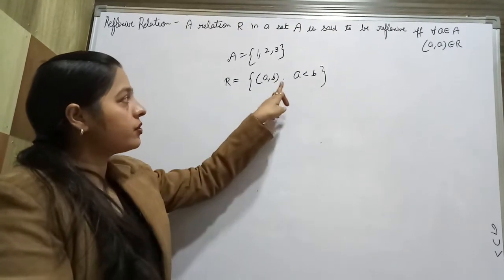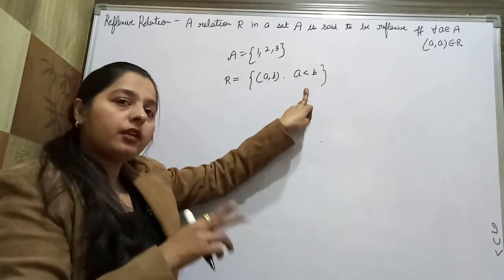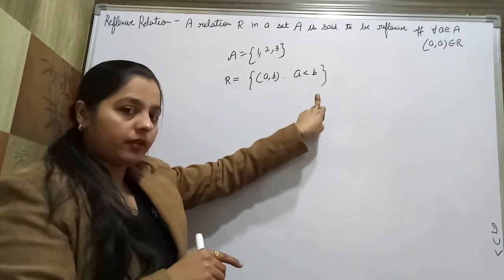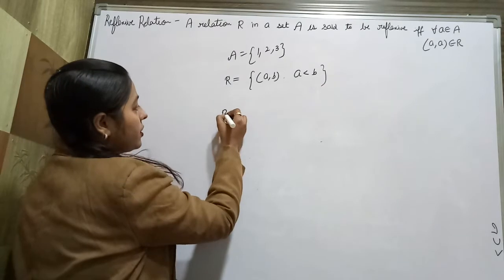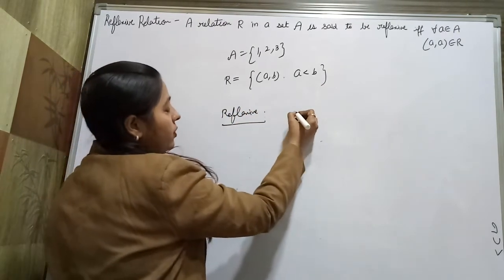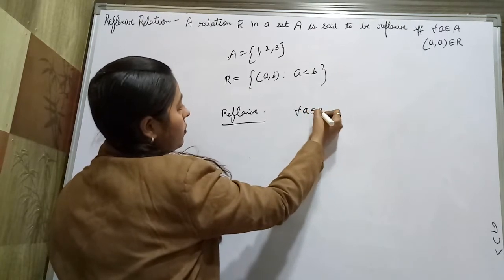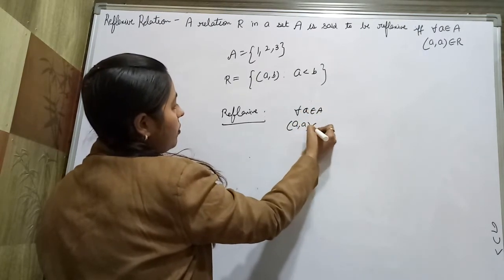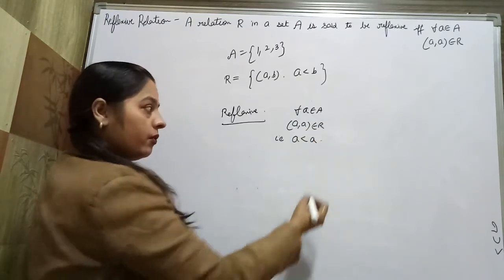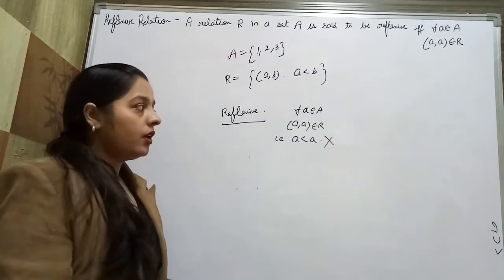Because the relation gives you the statement that the relation between two elements of the set A is a less than b, right? For reflexive relation, what will we check? For all a belonging to A, (a, a) must belong to R, that is, a is less than a? Can you say? No. Certainly no. Why?